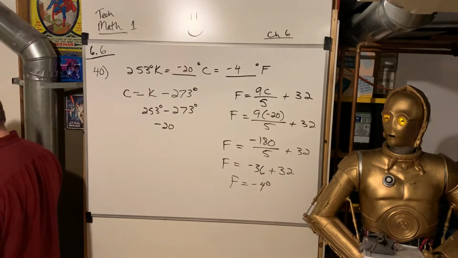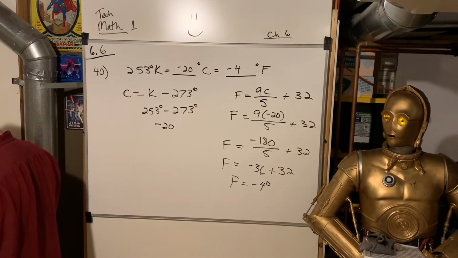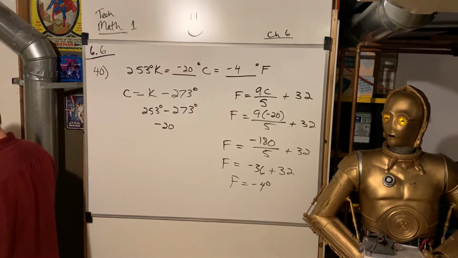If you go to the right, it's smaller. If you go to the left, it's larger. On 255, they have millions, 100,000s, 10,000s, thousands, hundreds, tens, ones, decimal point, tenths, hundredths, thousandths, 10,000ths, 100,000ths, millionths.